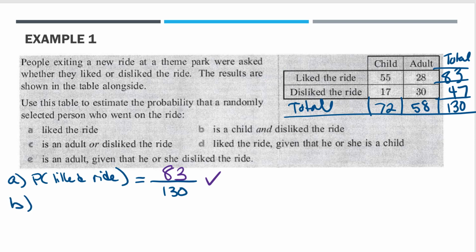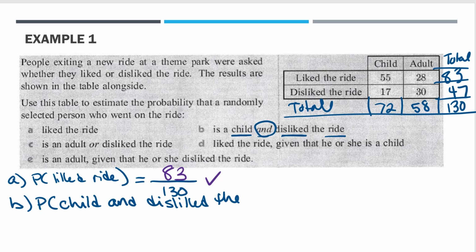Now we're going to go to the next question. What is the probability that the person is a child and disliked the ride? So the probability of child and disliked the ride. Now we're not given two different events where one event happened given that another has already happened.